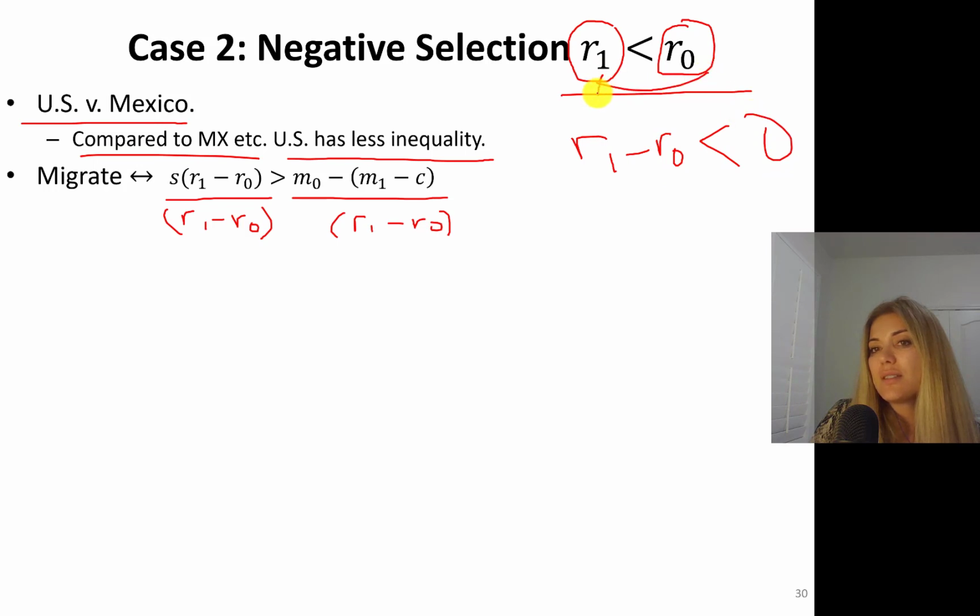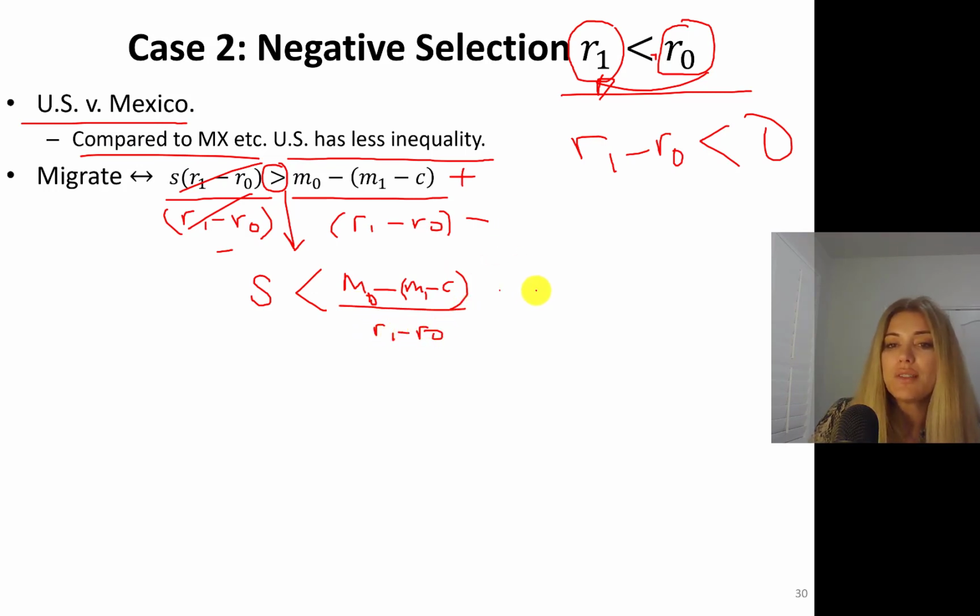I just put this on the other side. The positive sign becomes negative, moving to this side. So this is a negative number. This was a positive number. This is a negative number. If you actually do this division, you have an inequality. When you divide both sides of an inequality by a negative number, the sign is going to flip direction. So it's going to be S less than (M0 minus M1 minus C) divided by (R1 minus R0).